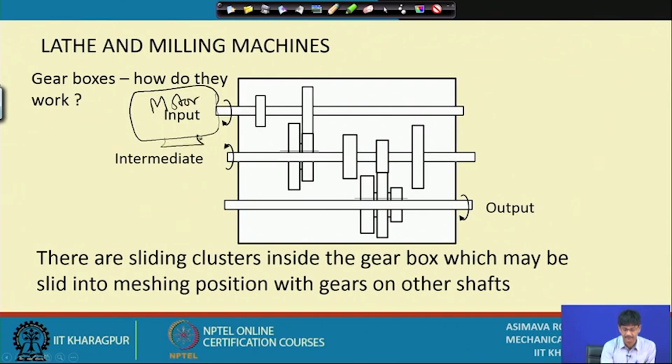My drawing is not very good, but I have put a motor here. If I connect up a motor, what are these things? These are basically gears. Let me write down gears. What do gears look like?